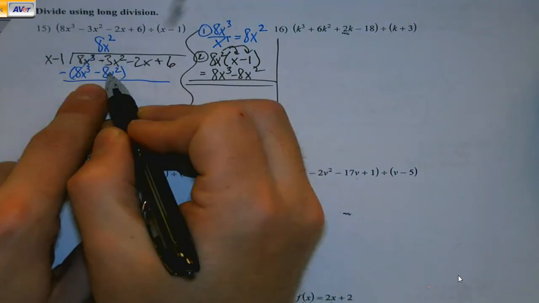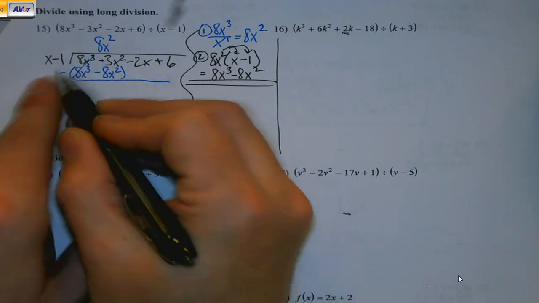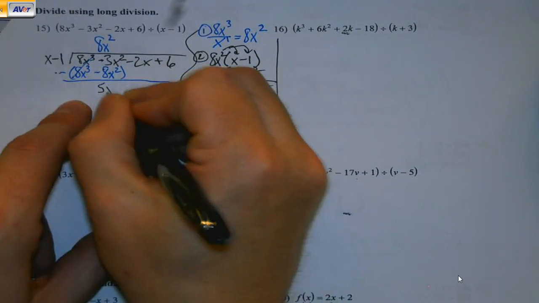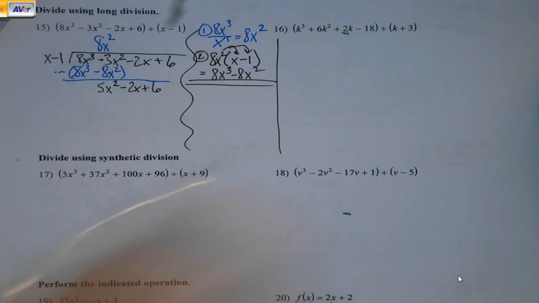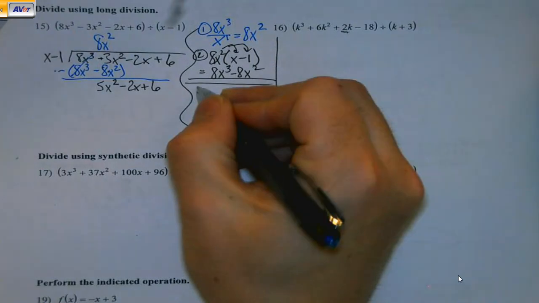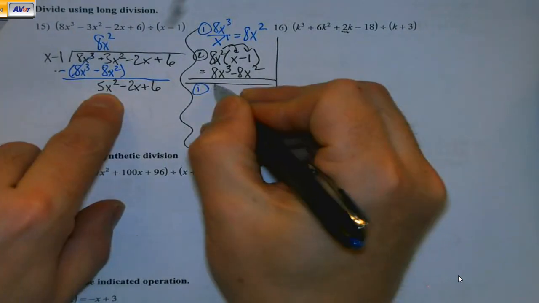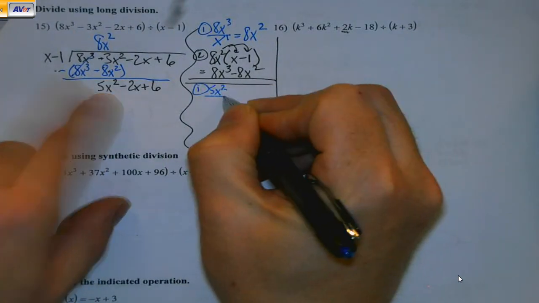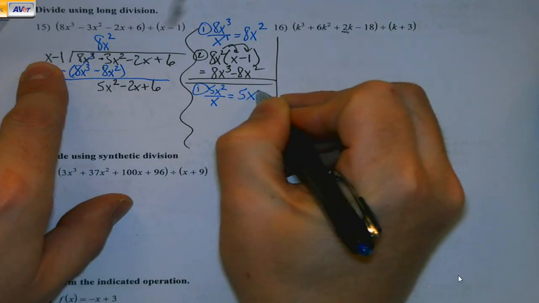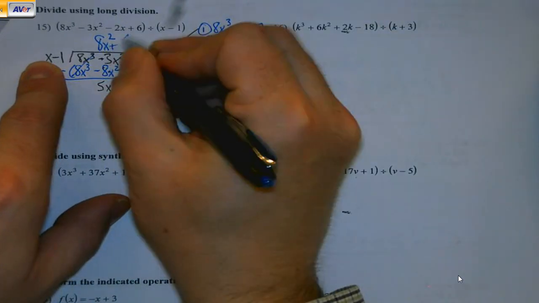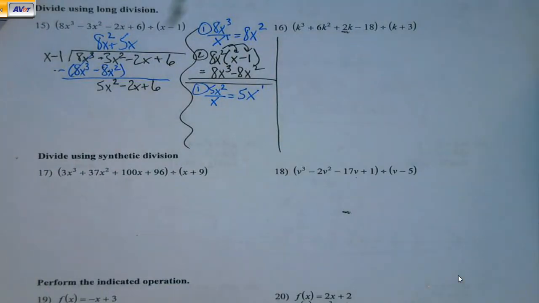-3 minus -8, or -3 plus 8, would be a positive 5x squared, and I pull my other stuff down. And I start the process over. First term divided by first term. Positive 5x.